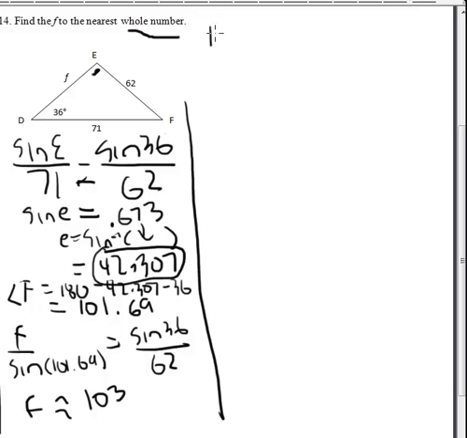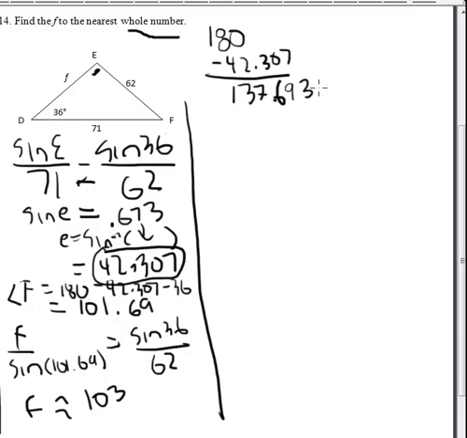What would the quadrant 2 angle be? What would the obtuse angle be for E? It would be 180 minus 42.307, which ends up giving you 137.693.